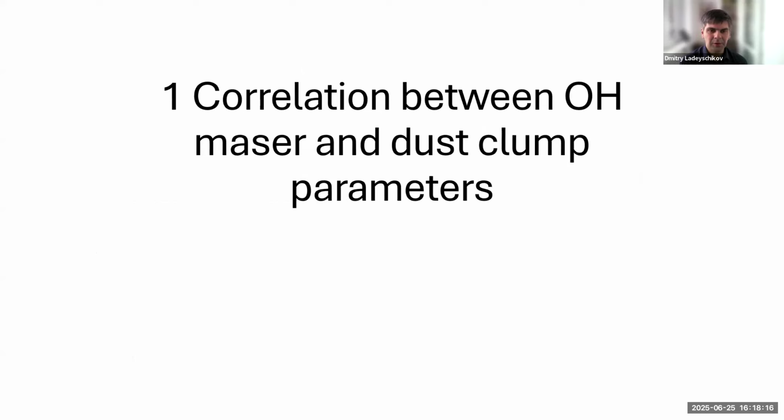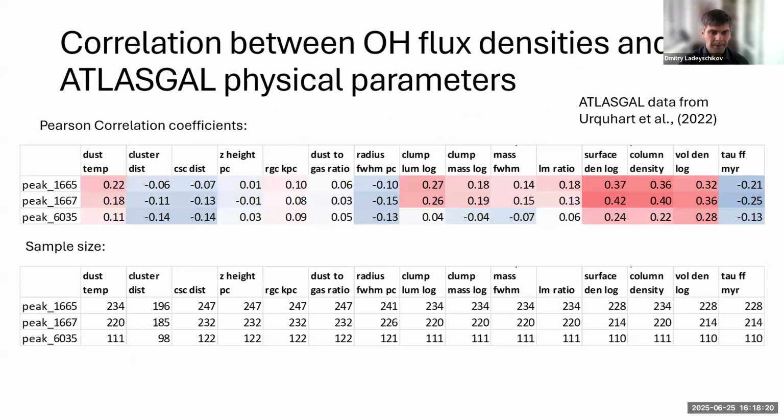sections, and the first one is the correlation between OH masers and dust clump parameters. What we do is quite a simple thing. You just cross-correlate the peak flux densities of OH masers and the physical parameters of ATLASGAL clumps. So we cross-correlate these two catalogs and look for correlations. You can see that there are plenty of correlations. We found correlation with column density, volume density, and surface density.